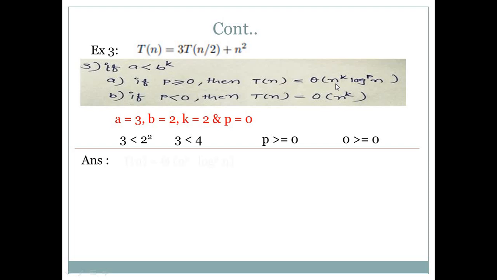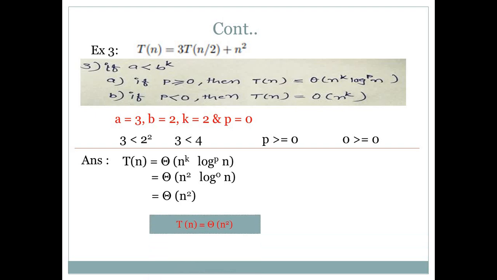So for its answer, the equation is n raised to k log power p n. The value of k is 2, the value of p is 0. So log power 0 means this term will be discarded and our answer will be n square only.